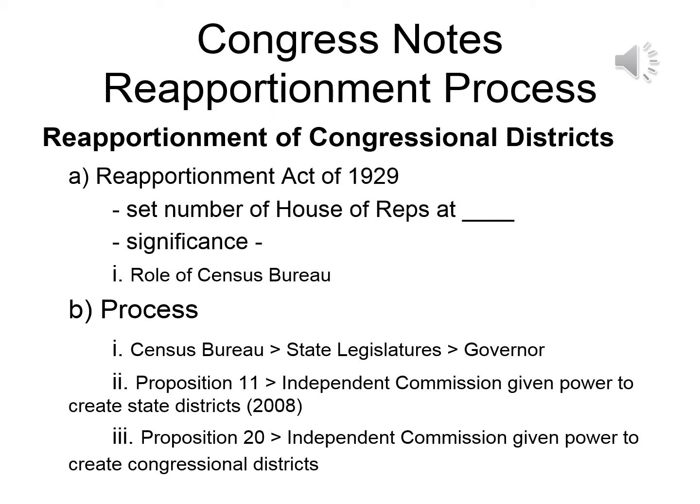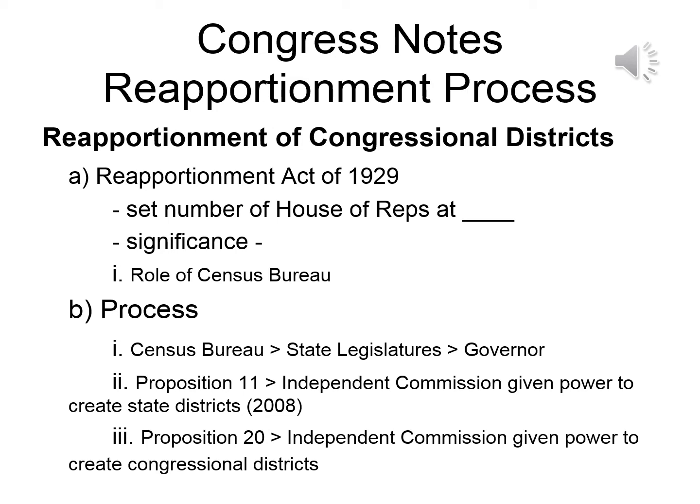Now, which states have been gaining seats over time and which states have been losing seats? If you look at what we call the Sun Belt states, states where it's sunny, California, Texas, Florida, these states have been seeing an increasing number of seats in the House of Reps because their population has increased. Which states have been losing seats? States I would call the Rust Belt states.